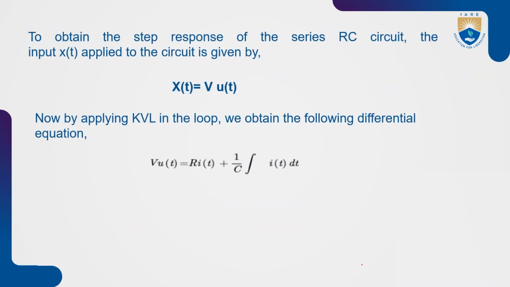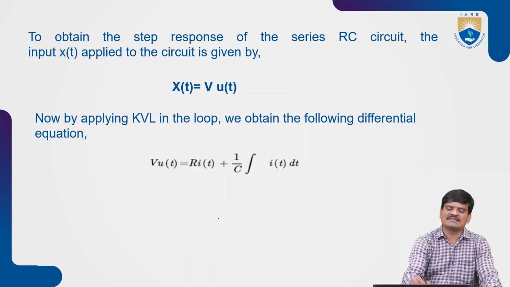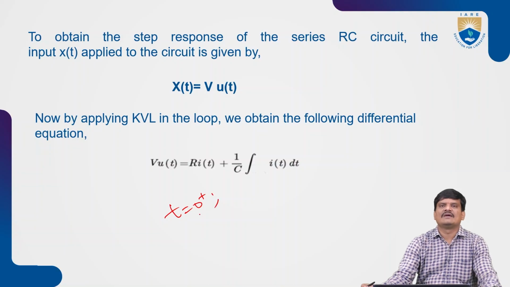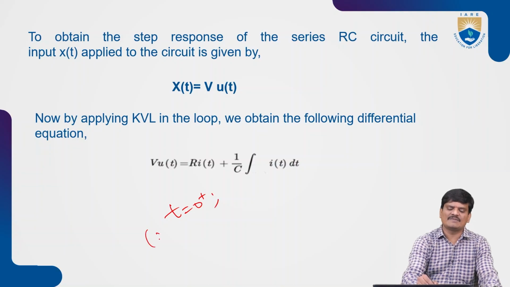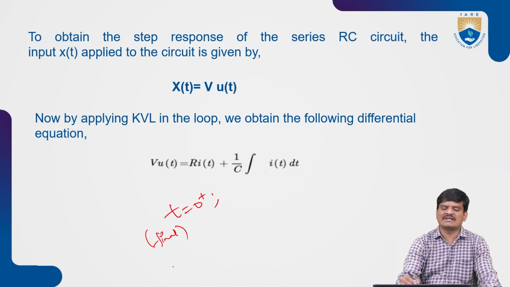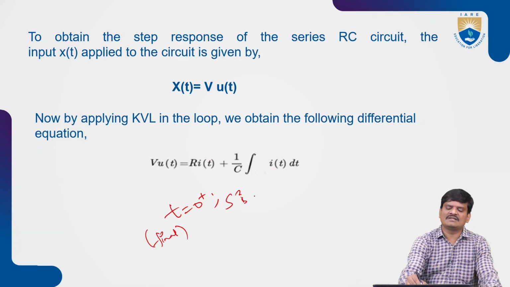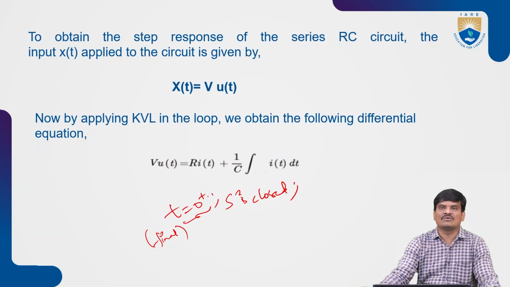In the next case, I am going to redraw the circuit by closing the switch S. I am closing the switch at t equal to 0 plus. At t equal to 0 plus, let me treat this condition as the final condition, where the switch S is closed. This t equal to 0 plus is considered just after closing the switch.